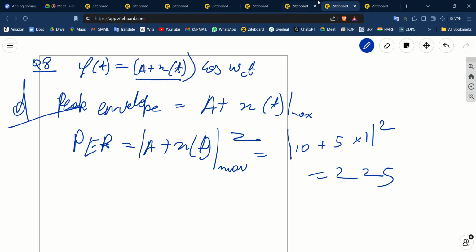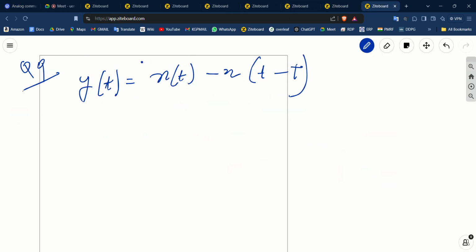Now the power spectral density we will get by taking a Fourier transform.